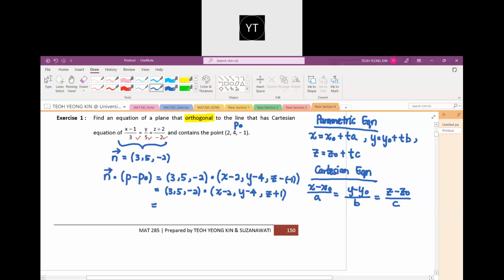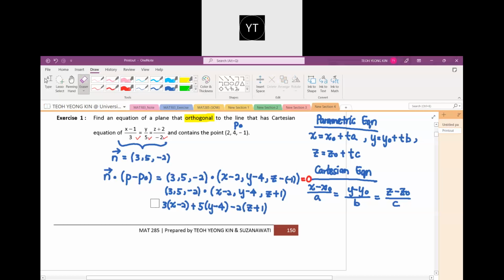So we can find the dot product: 3 times (x minus 2), plus 5 times (y minus 4), and finally negative 2 times (z plus 1). And don't forget, sorry, this is equal to 0. So sorry about that. This equation is equal to 0.